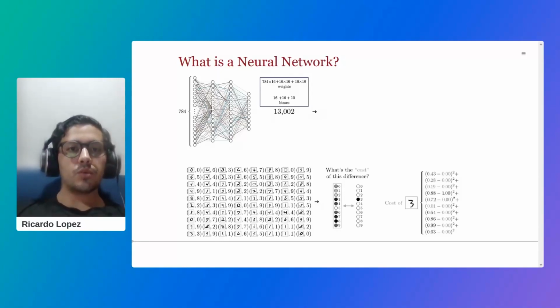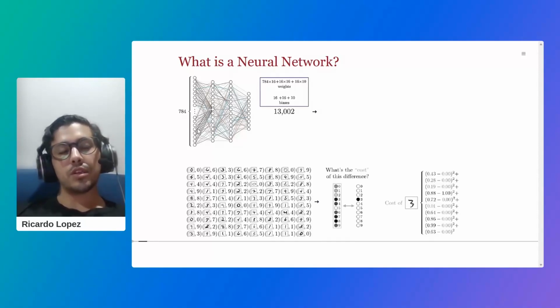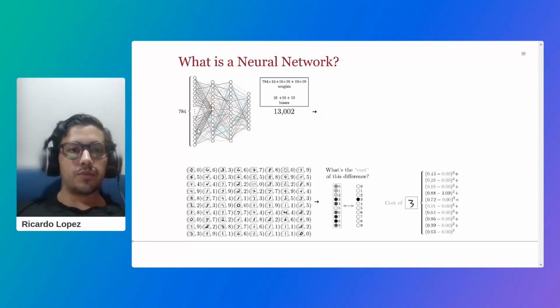In this case, we will need a neural network with an input for each pixel of the image, and the values of the input neurons would be the values of the corresponding pixels. In the end, we will have a bunch of parameters, as many as 13,000 parameters that we will need to adjust.